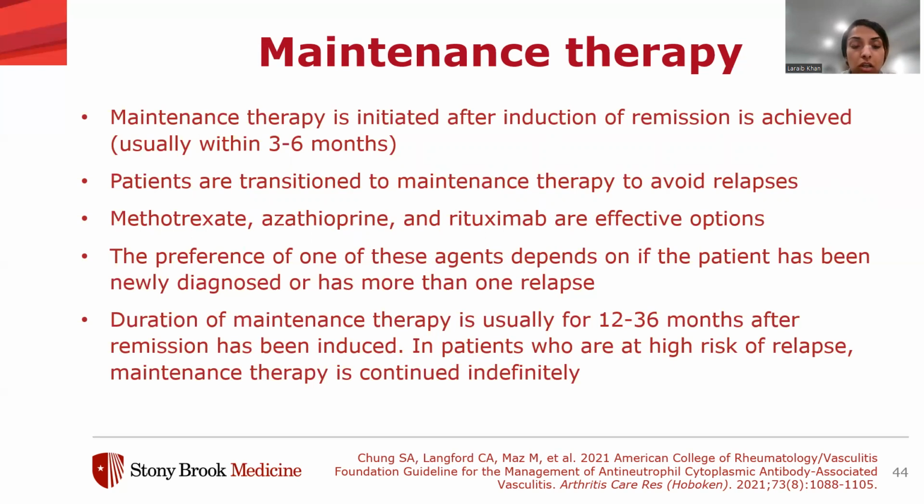Just to note that the dosing of rituximab is different in maintenance therapy versus remission induction. It makes sense to use methotrexate, azathioprine, and rituximab, because these are all anti-inflammatory agents. You want to keep using anti-inflammatory agents even in maintenance to keep the vasculitis at bay.